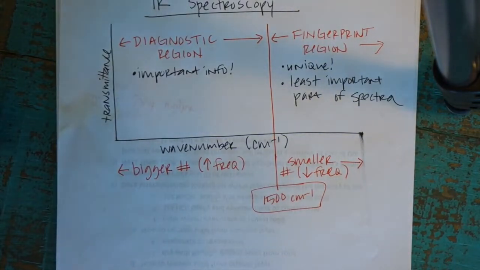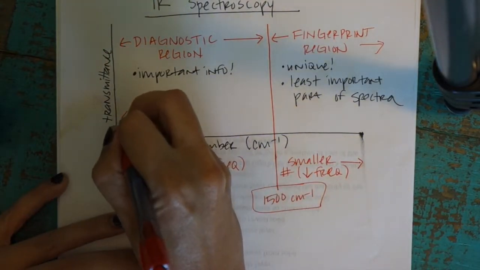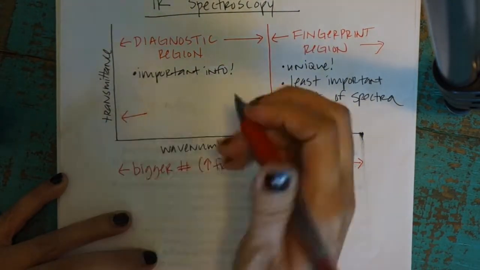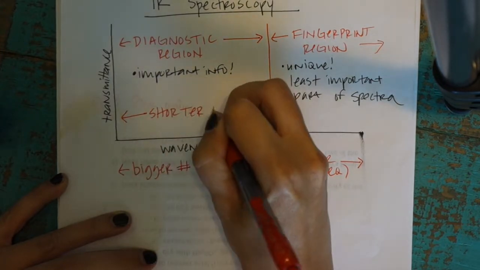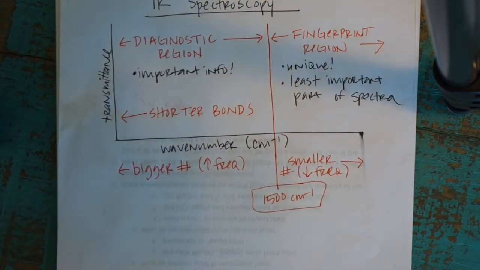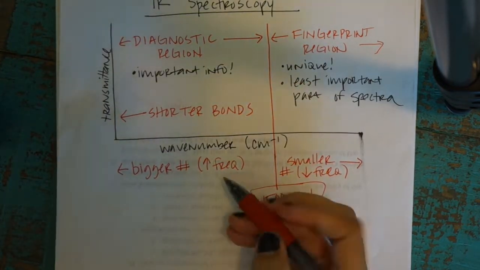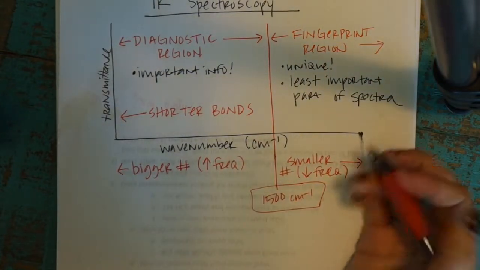All right, and then we're going to go through the individual regions of what's kind of going on here. But as we go to the left in the diagnostic region, this is where shorter bonds show up. So the shorter, and we're talking about bond length, the shorter the bond, the higher the frequency it's going to vibrate, right? Because they're going to be moving really quickly back and forth.